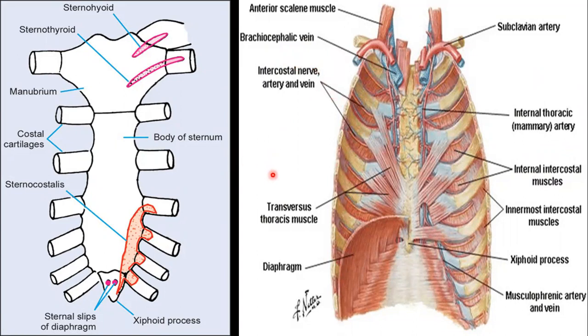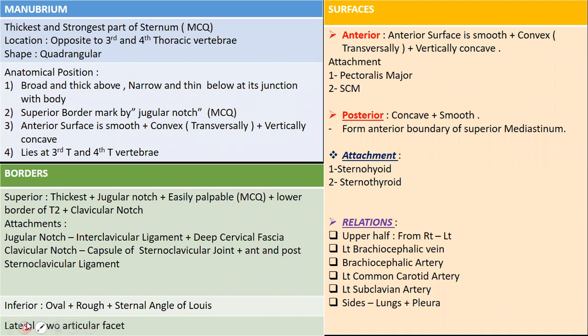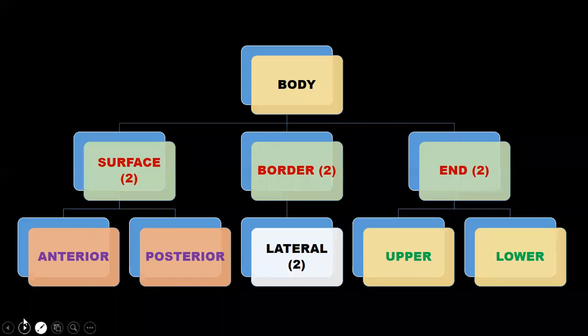Don't say that this part is left. In anatomy, our left is right and our right is left. So this here is right and here is left. All the relations from right to left I have mentioned over here. Just go through this slide once.